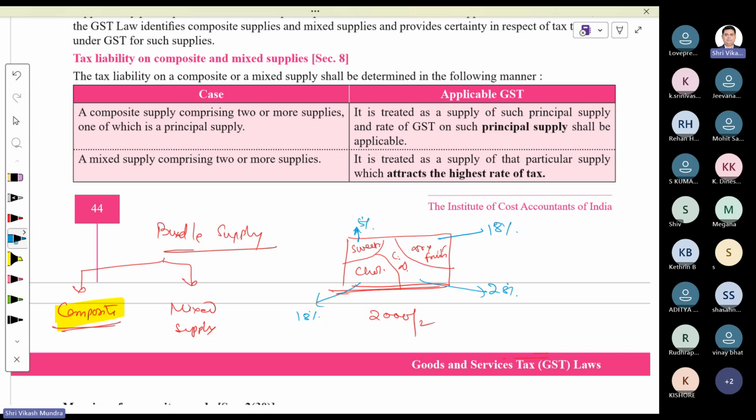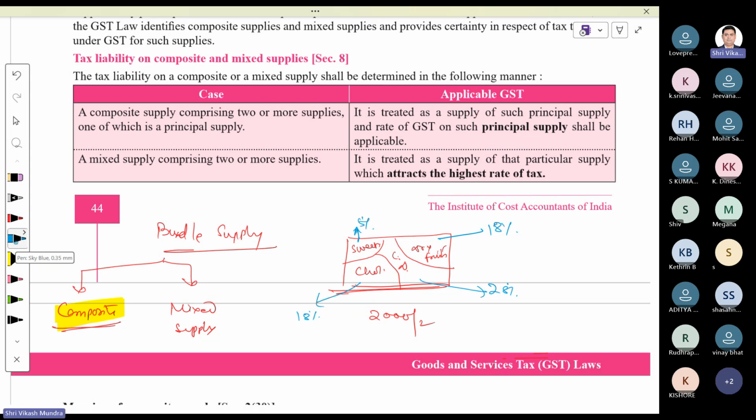We cannot identify a principal supply. Could you? Anyone? The answer is no. You are also not able to identify which is the principal supply and which others are ancillary to that.